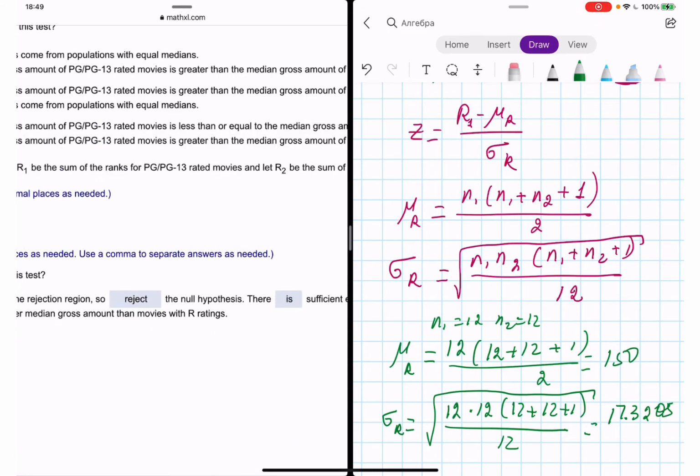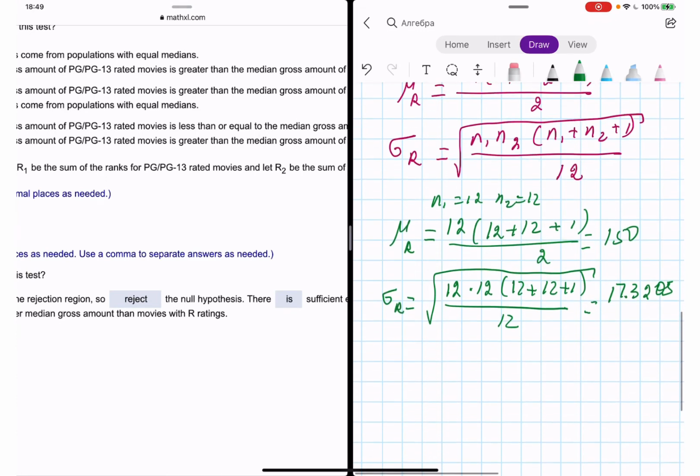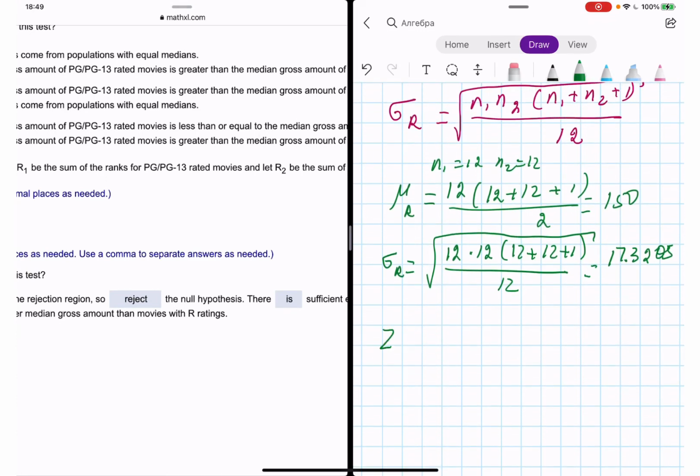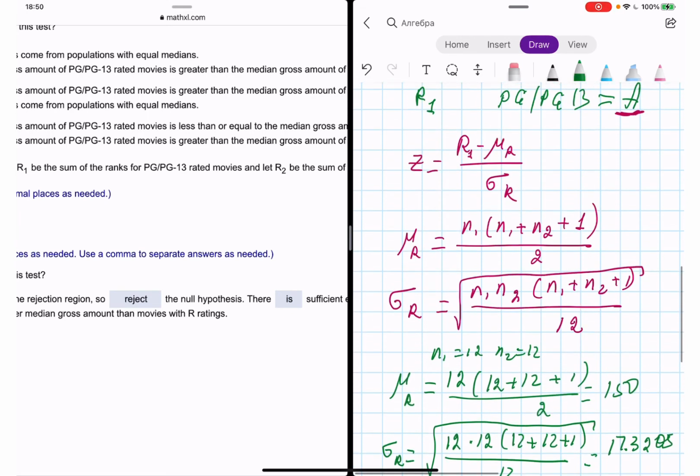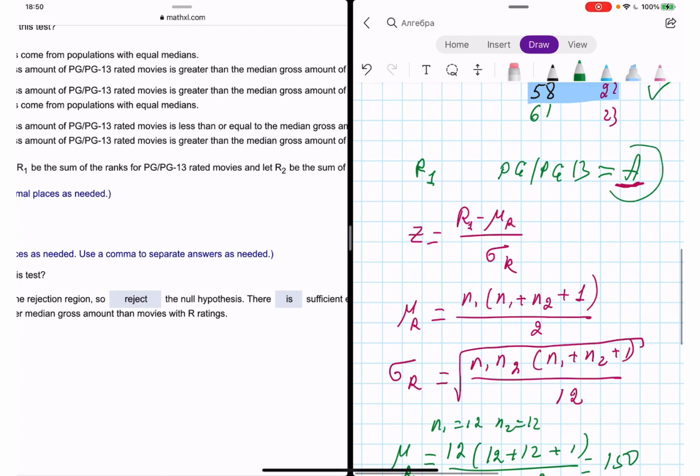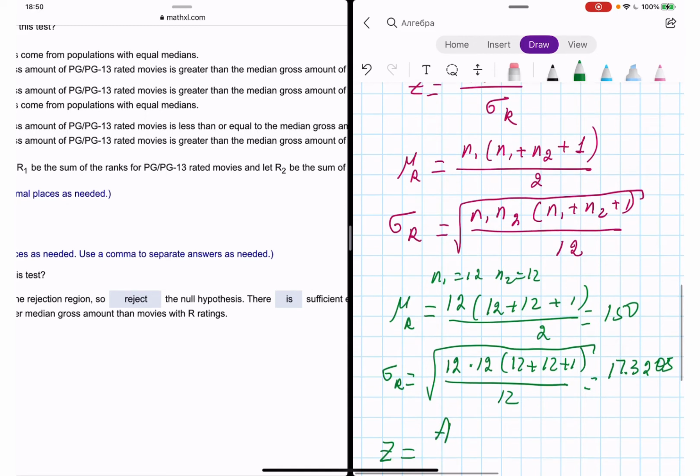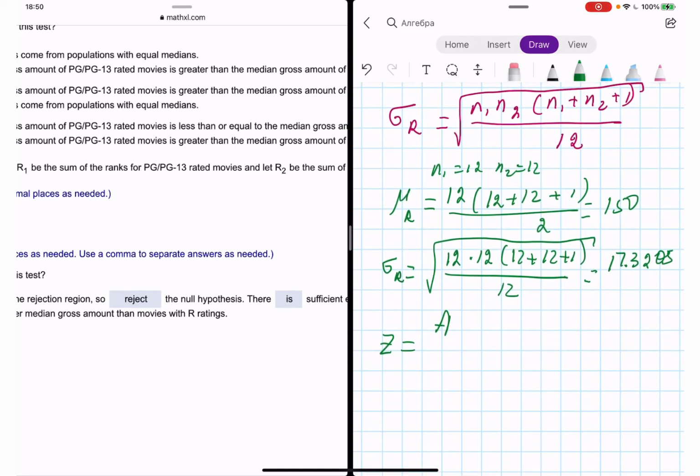Okay? So from here, we are going to calculate the z score. This is what is interesting. It's going to be our A, R, right? This is the summation when you add the ranks of all these first 12 movies, right? So A minus mu R, which is going to be 150, divided by sigma R, which is going to be 17.3205.